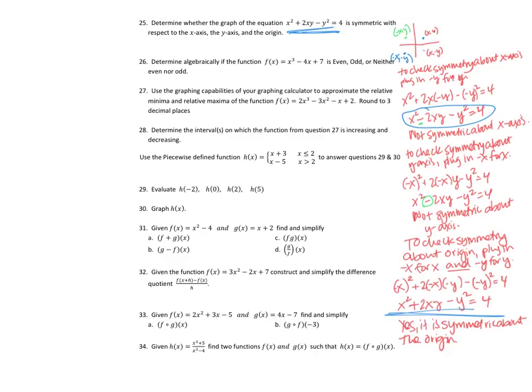Okay. For the next one, I want to determine if the function is even, odd, or neither. And so what that boils down to is plugging in negative x for x. So to check even, odd, I want to plug in negative x for x and see what we get.